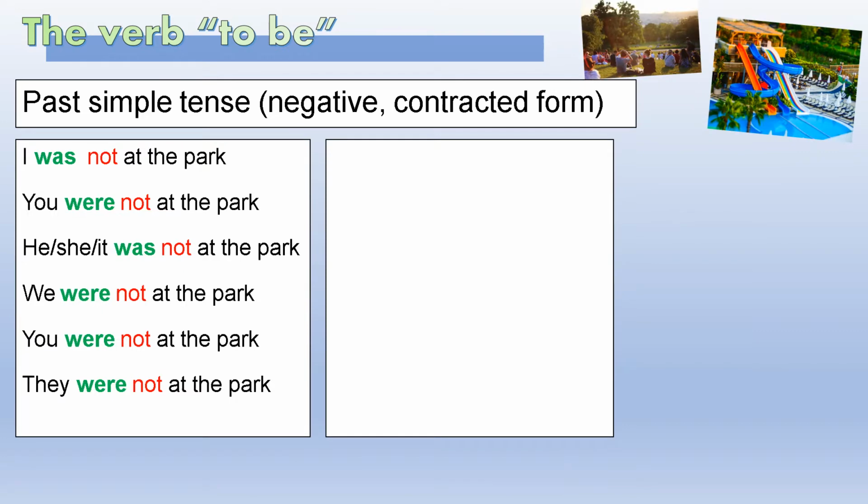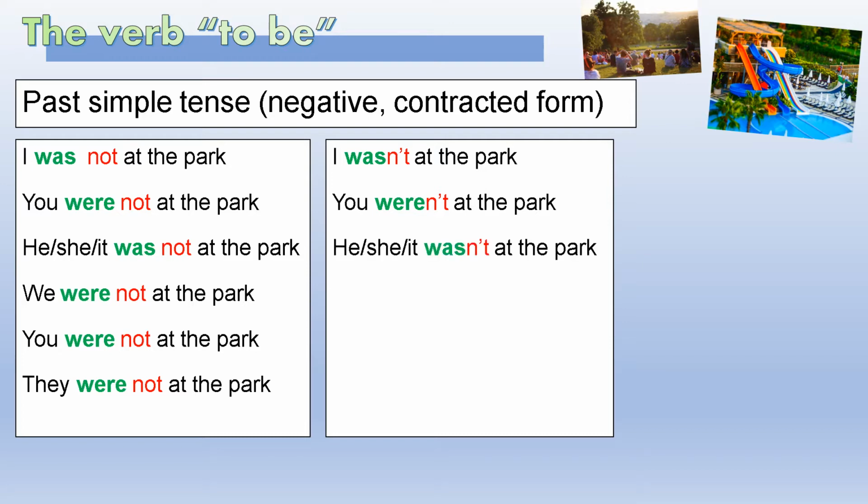In the negative contracted form, the O in not is replaced with an apostrophe. I was not at the park becomes I wasn't at the park. You were not at the park becomes you weren't at the park.